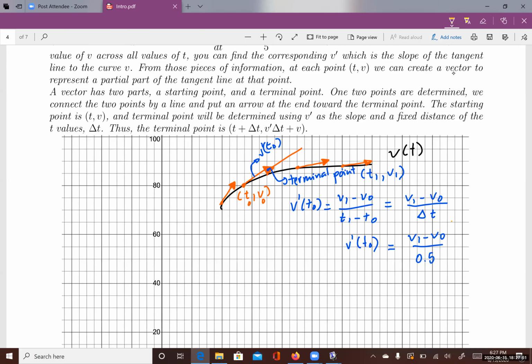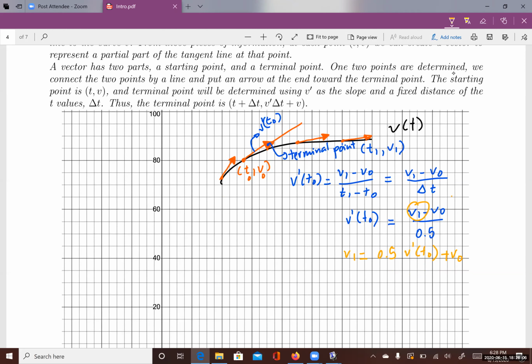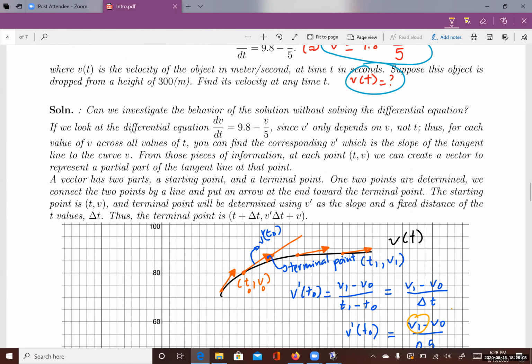So v1 equals, according to this equation, delta t times v prime of t0 plus v0. And we know that we can find v prime by plugging in the value of v.